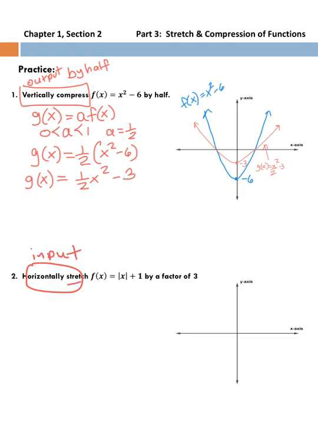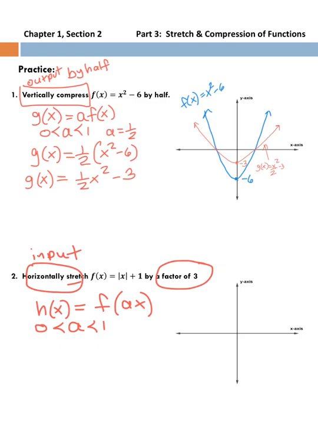If we want to stretch by a factor of 3, then let's call this h of x our original function f of x multiplied by some kind of factor. In this case, if we want to stretch it horizontally, that factor is going to be a fraction. I know that's somewhat counterintuitive, but it's going to be greater than 0 and less than 1.